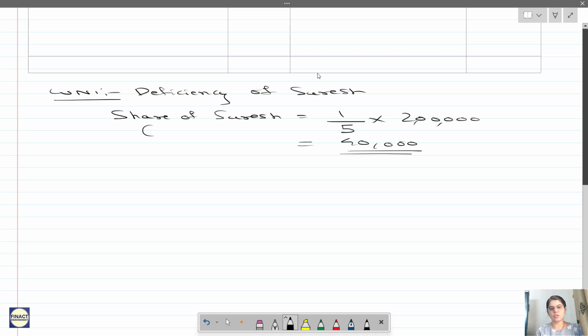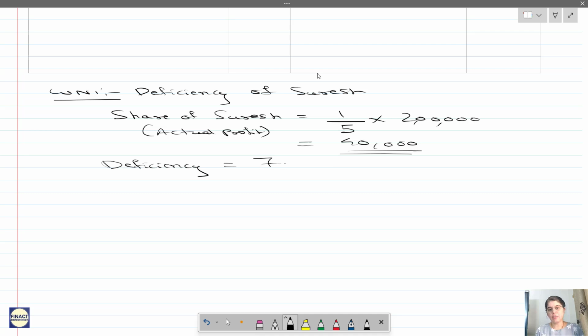This is the actual profit. Now how much is the deficiency? Deficiency is guaranteed profit minus actual profit. So guaranteed was 70 minus 40. So 30,000 is the deficiency over here. Correct?